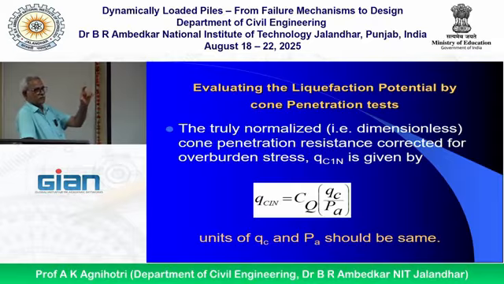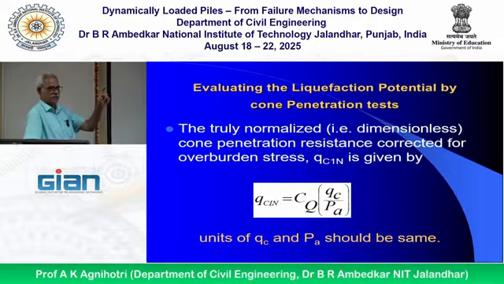So the first value you will get is QC, the cone penetration resistance. The second value will be cone penetration plus friction, skin friction or side friction, both combined. So if you subtract the first value from the second one, you will get the skin friction resistance. So skin friction load plus point load, both you can get from this.